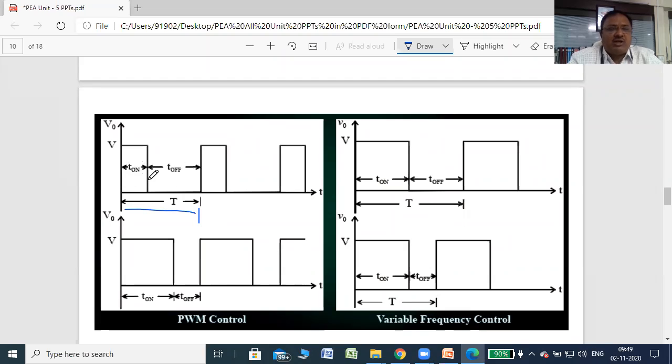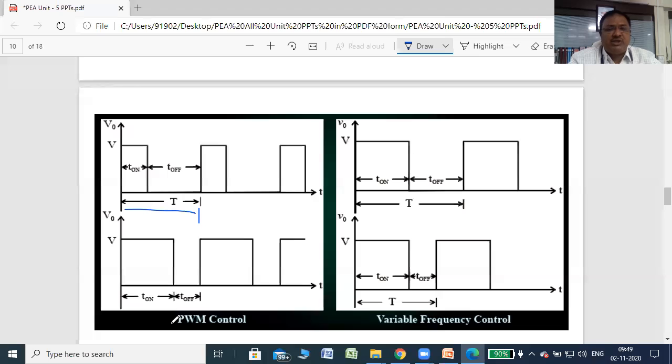When on time increases, off time decreases, but the frequency remains constant. It means total T remains constant. You can increase T on like this, so automatically T off decreases. You can increase T on like this, T off decreases, but T remains constant. That is the first method, right?